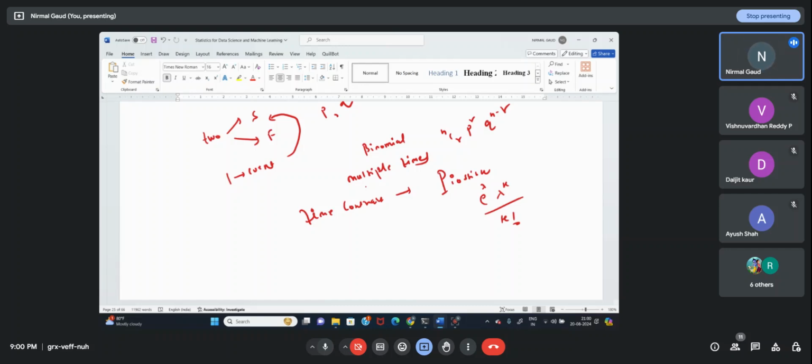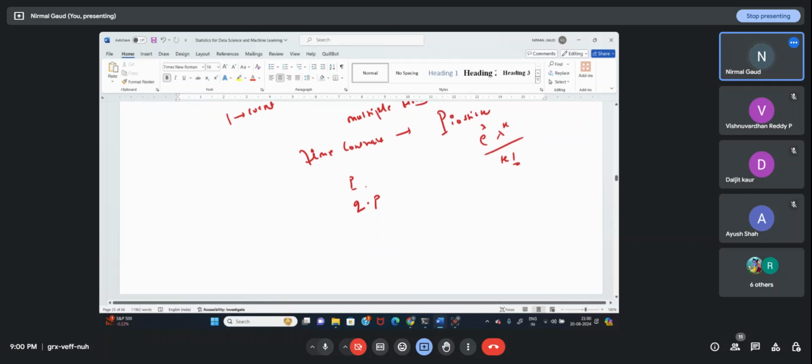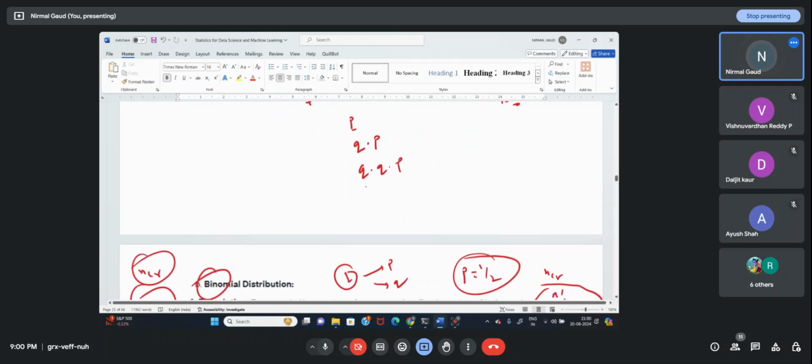So if we got success at the first instant only, the answer is P. If we got success in the second attempt, the first attempt you got failure, Q, then P. If you got success in the third attempt, Q, Q, P. If you got success at the fourth attempt, Q, Q, Q, and then P. That means three times you failed, and you keep on trying until you get the success.